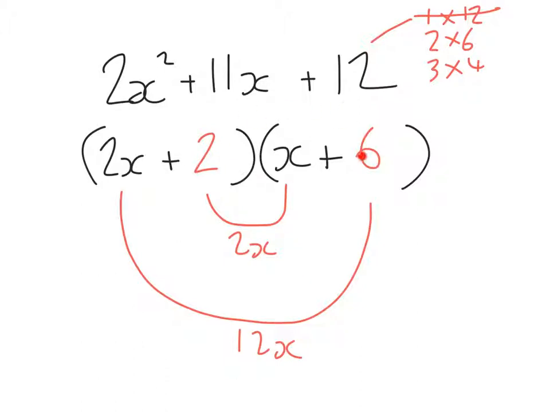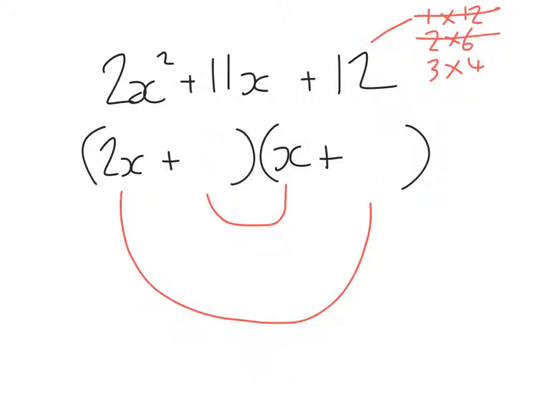So now I'm going to swap the 2 and the 6 and see will it give me 11x. And 6 by x gives me 6x, and 2x by 2 gives me 4x. And 6x plus 4x gives me 10x, which is not 11x. So 2 and 6 will not work either.